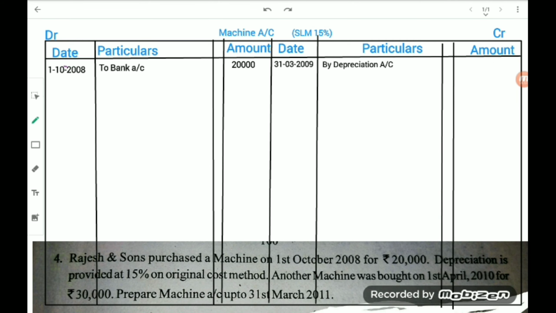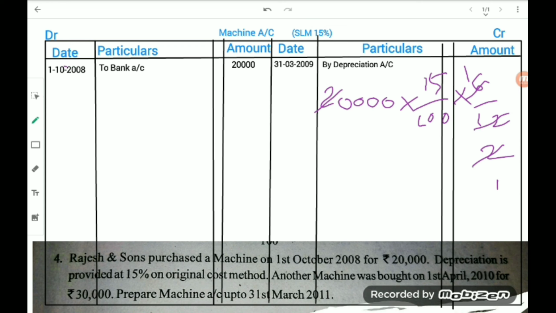If you are still confused, I will calculate again. See here, 20,000 into the rate of depreciation, which is 15%, that is 15 by 100, into 6 months only, from October to March, 6 by 12. 6 ones are 6, 6 twos are 12. These two zeros are cancelled.